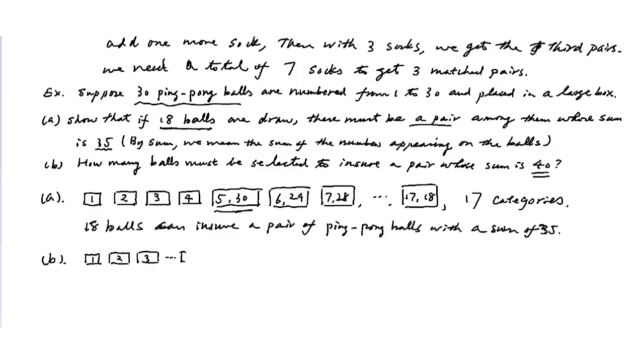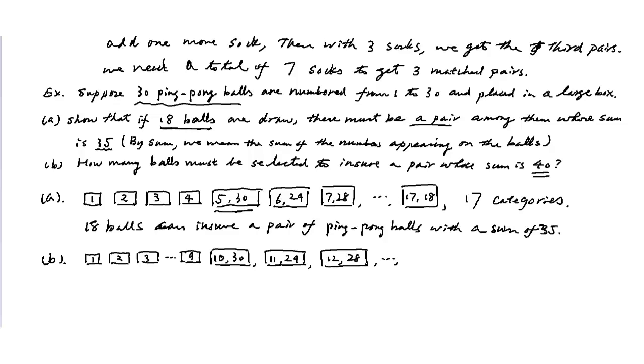Until number 9, it still does not make 40 with any, right? What it can make is number 10 with 30, and then 11 with 29, that can make 40. 12 matches with 28, that can make 40, right?